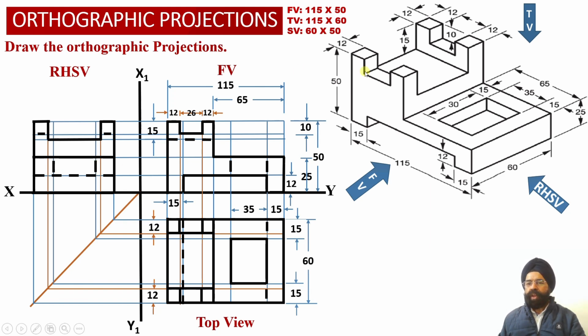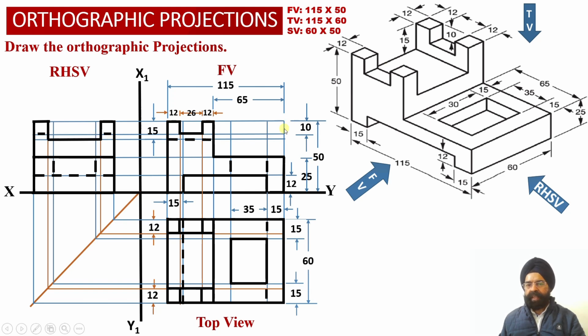And finally, corresponding to this horizontal surface and this horizontal surface, because they will not be visible to the observer from the right hand side view orientation, again a dotted line projection, a hidden line projection, will be visible over here, at a distance of 10 millimeter from the top.